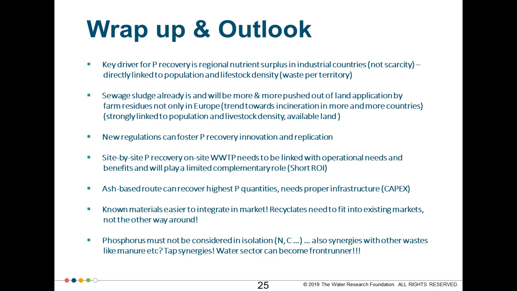And of course, it's easier to export it to the east. But since the globe is a globe, what you export to the east will come back from the west one day. And incineration is still the best option to reduce the volume and to get rid of the organic pollutants.